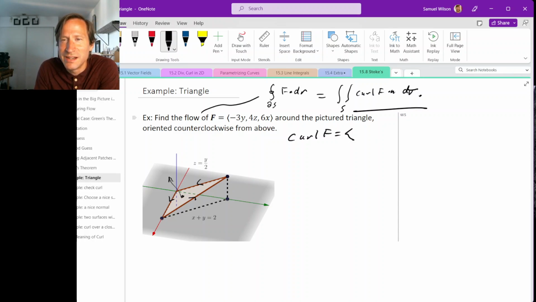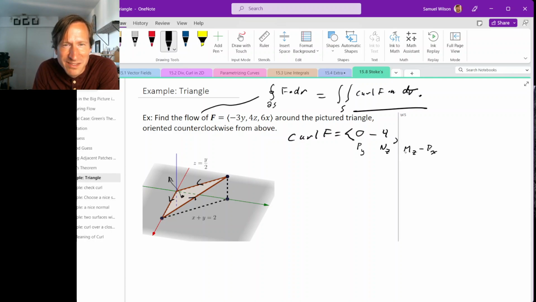So I'm working out the cross product of del cross this vector field in my head. It's going to be the derivative of P with respect to y, which is 0, minus the derivative of N with respect to z, which is going to be 4, comma, and then we need the derivative of M with respect to z minus the derivative of P with respect to x.